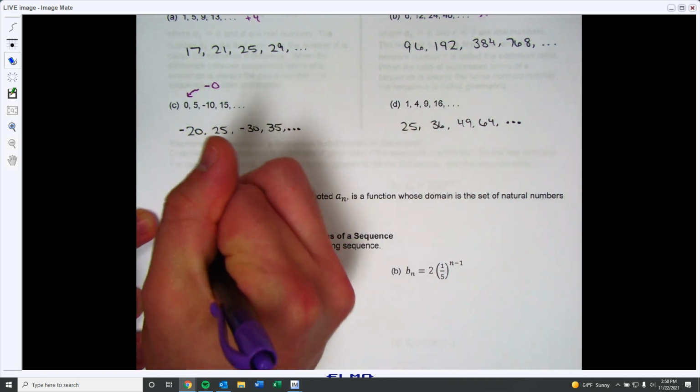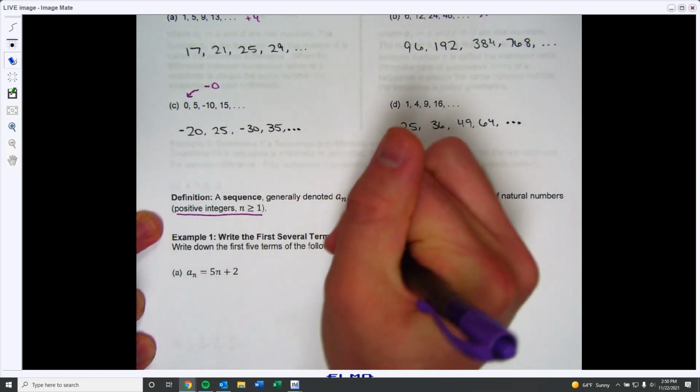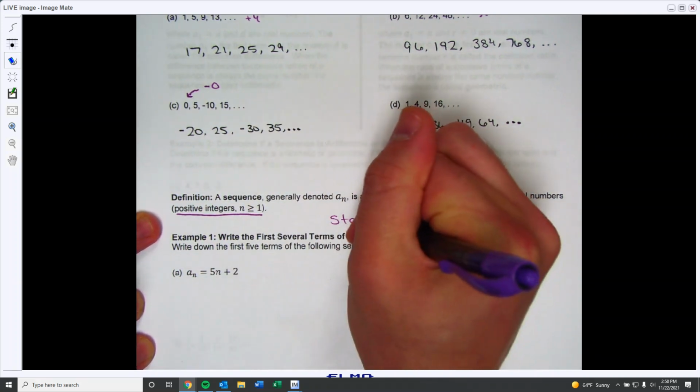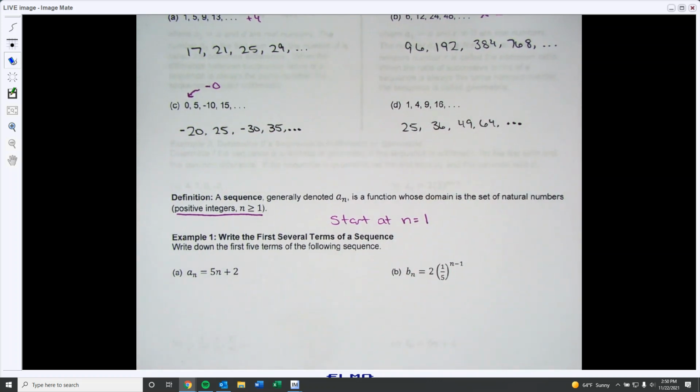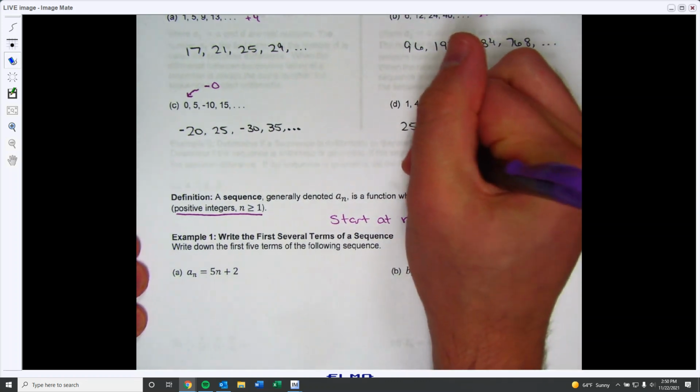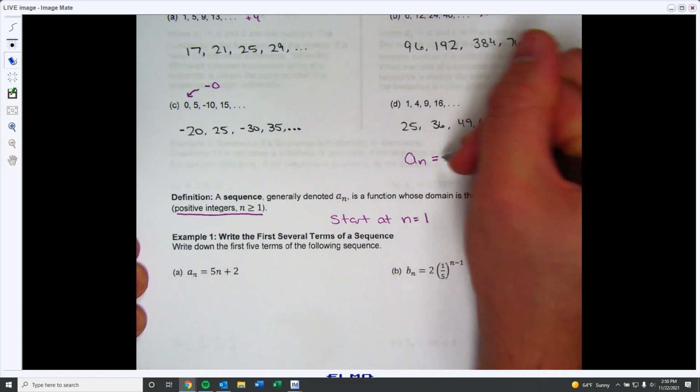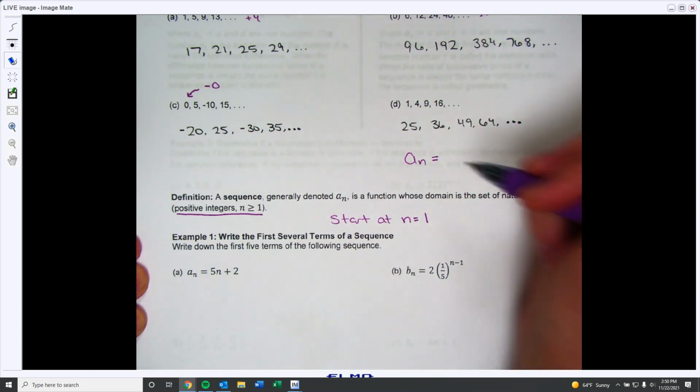So right here, we're going to use the positive integers, and we start at n equals 1. That's very important. So if I wanted to write out a sequence as a function, for example, I would say a_n, which again is the same as saying f of x, that would be the f, that would be the of x.